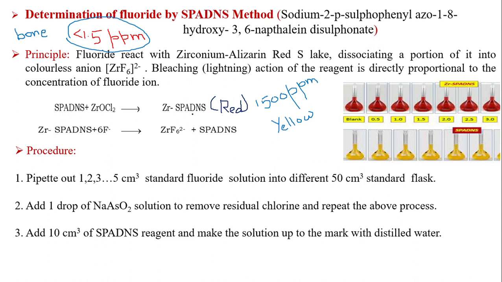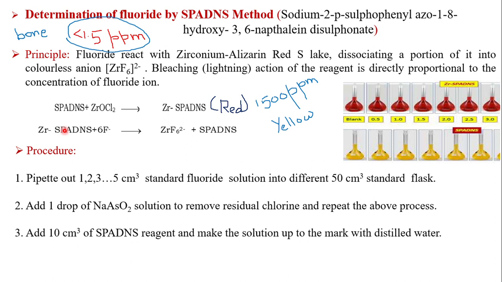ZR-SPADNS in the acidic medium is red in color. So when a known concentration fluoride solution is added to the ZR-SPADNS red color, this fluoride ion will bring about the bleaching of the reagent.